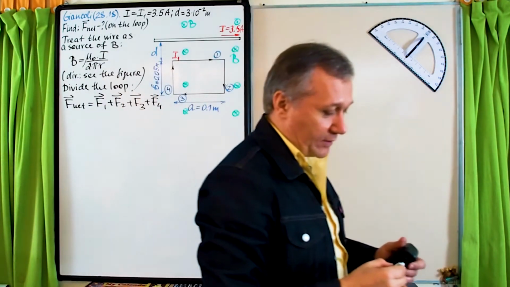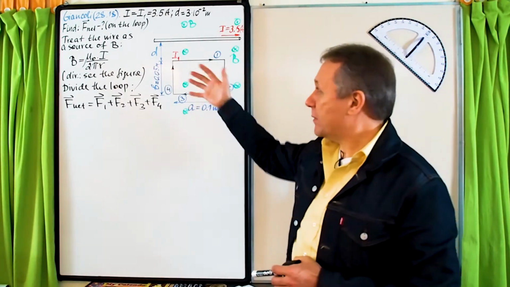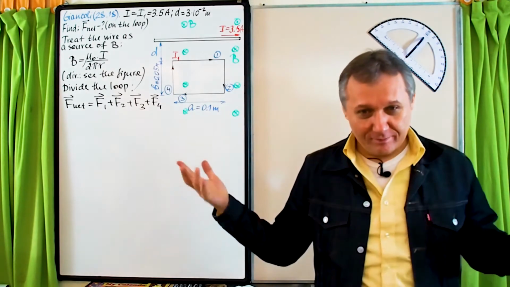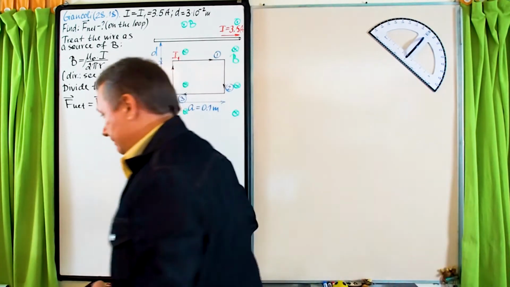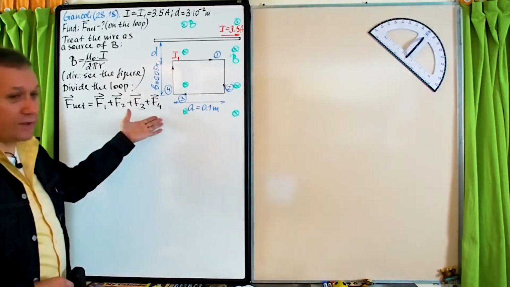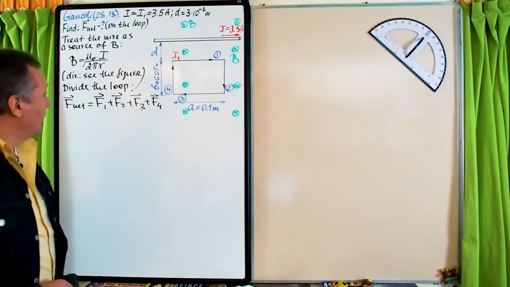Step by step, getting deeper. First, we identify the magnetic field. Now, split the loop into 4 parts. And now we just need to take care of these forces separately, one by one, right?